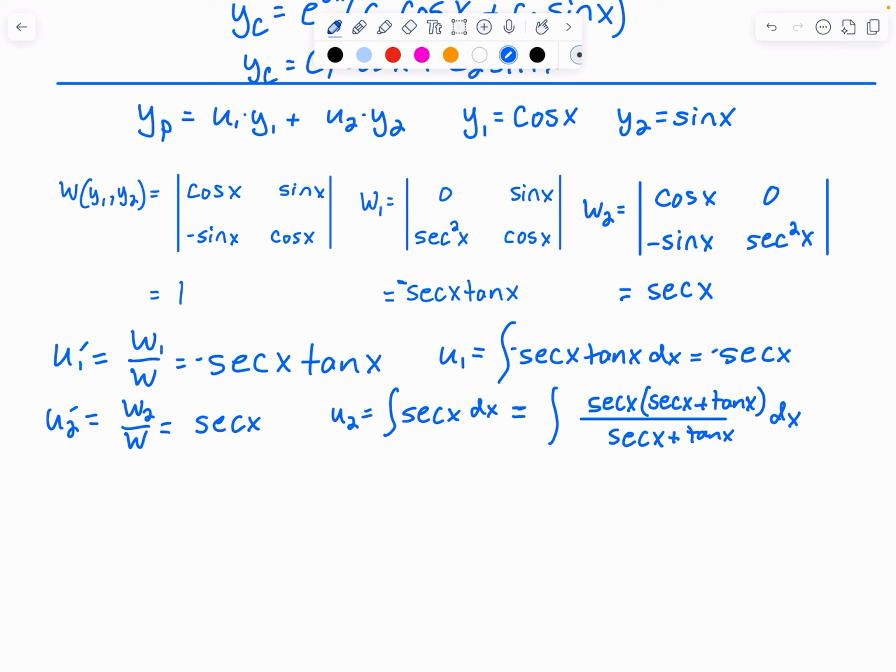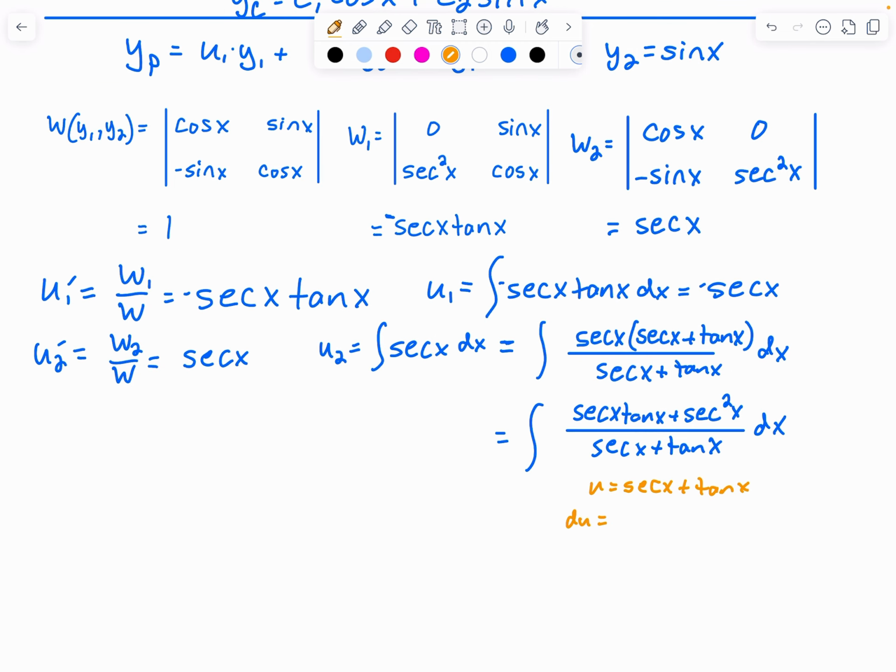If you take a look, the top, I'm going to flip this just to make it a little more obvious here in a moment. I get secant tangent plus secant squared. I just distributed and flipped it. All right, the reason I did this is if you do a u sub now, u of secant x plus tangent x, the derivative is exactly the top.